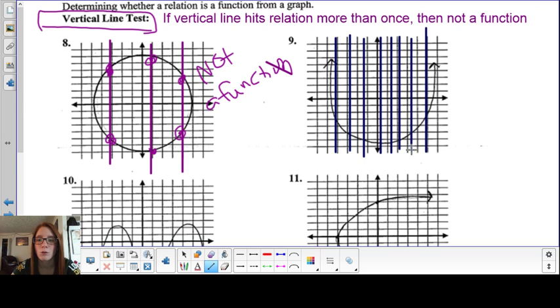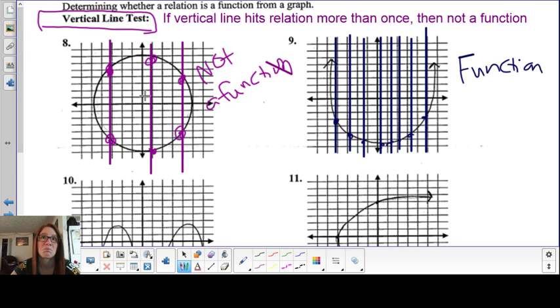Now, if you notice, none of my lines are hitting any more than once. Even when I drew the lines in between an actual number, like 2.5 or 2.25, it still only hits once. So this guy is a function.